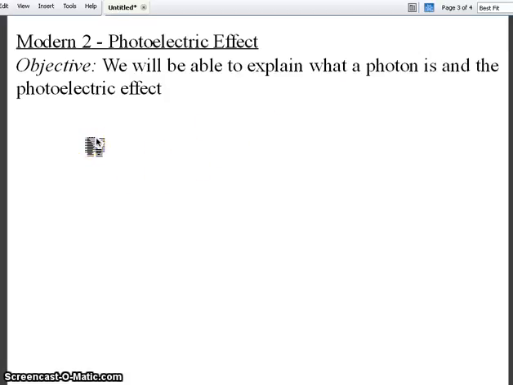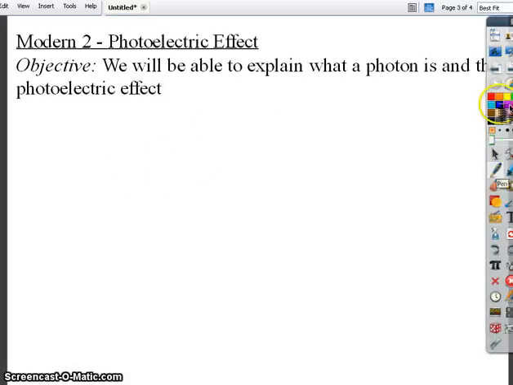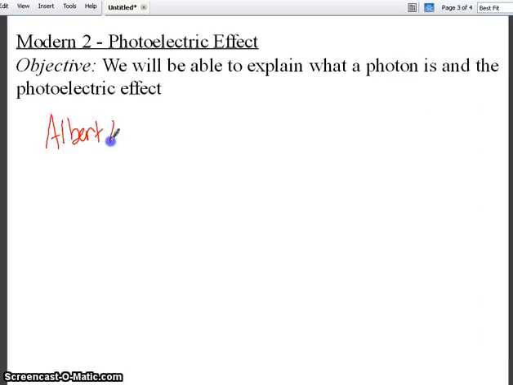Okay, so the photoelectric effect, a little bit of history, is what Albert Einstein received his Nobel Prize in. This was his idea, and he had a lot of amazing ideas, which is why he is known as being one of the smartest men alive.